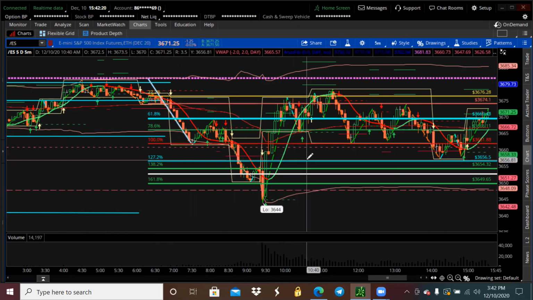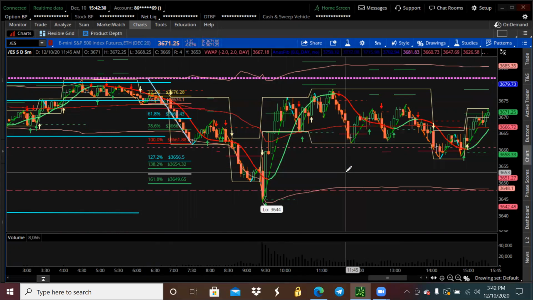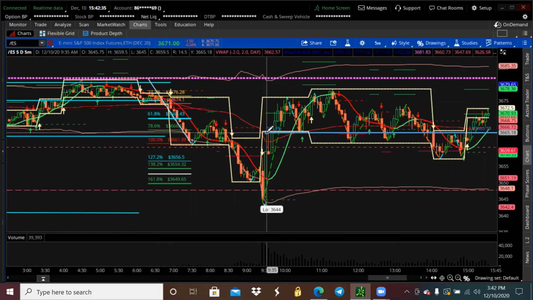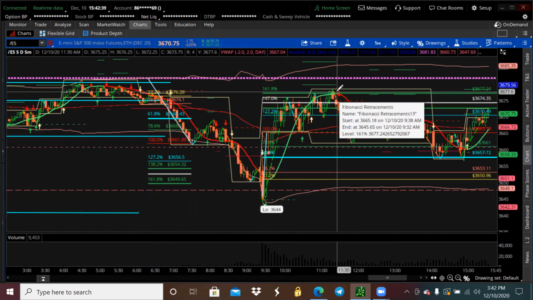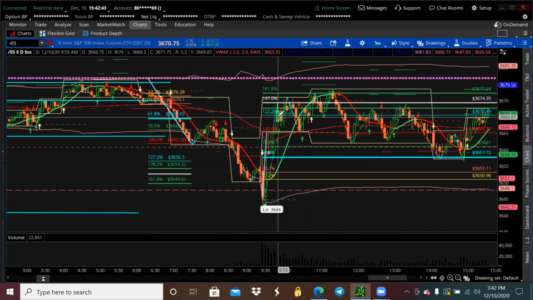It doesn't really matter how you get there, as long as they are close as far as your Fibonacci retracement. So we're just not gonna extend it, cancel the right extension. Like I said, from here to here, the 9:32, this is the 9:50, this is the 9:55.